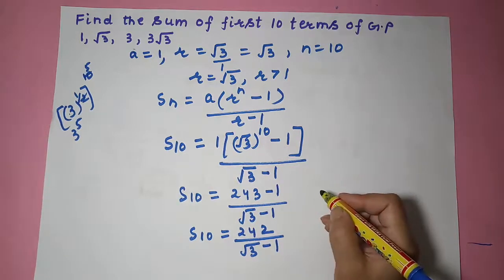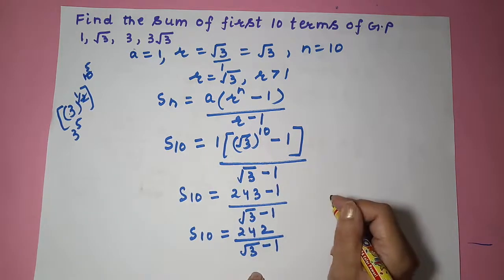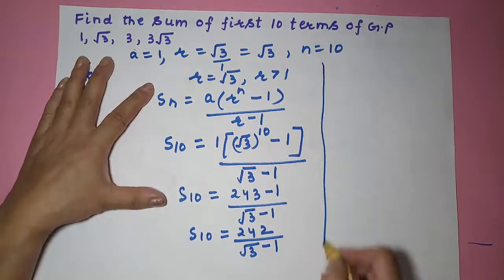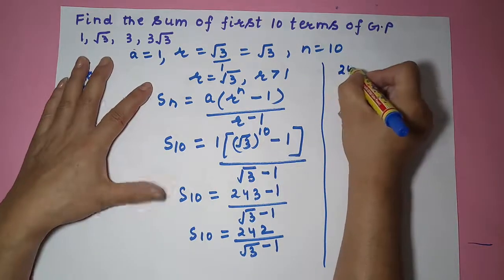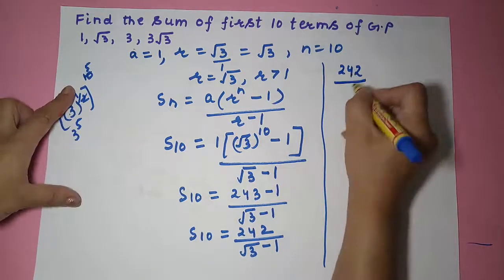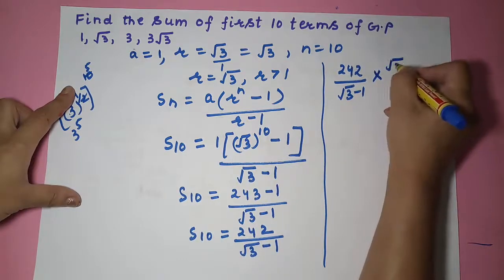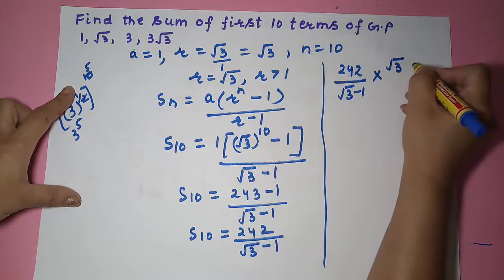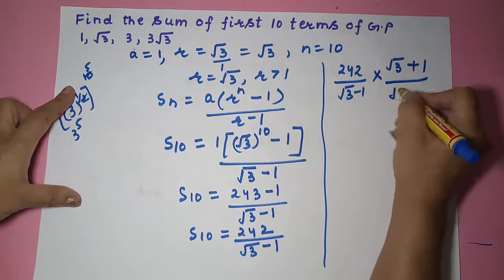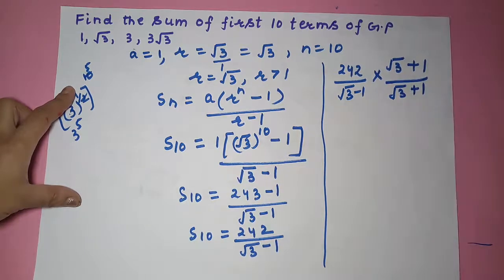But I can't have an irrational value in the denominator, so I need to rationalize this. So what will I do? I will write 242 divided by root 3 minus 1, into root 3 plus 1 upon root 3 plus 1.